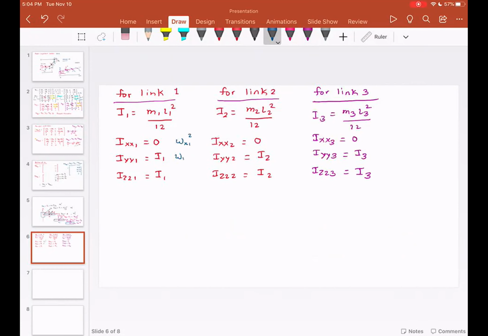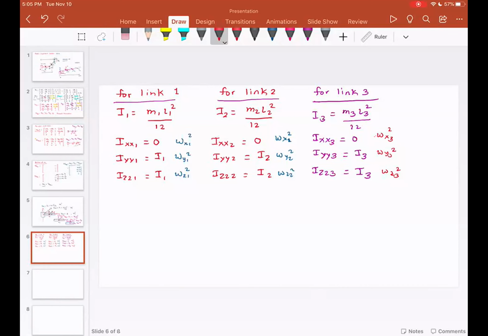Iyy will get multiplied with omega y1 square. Izz will get multiplied with omega z1 square. Again, omega x2 square, omega y2 square, omega z2 square. Last but not least, omega x3 square, omega y3 square, omega z3 square. So this information will be needed when we work out the problem. Any questions at this point?